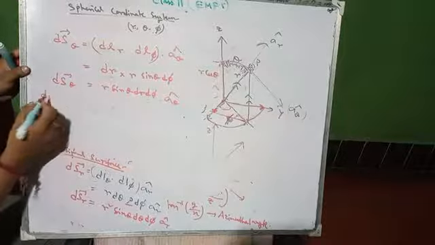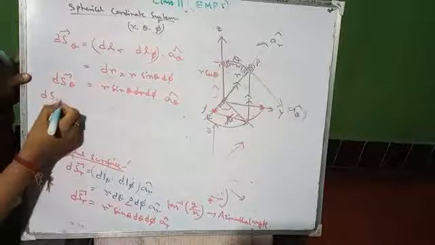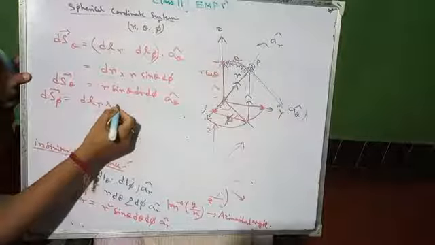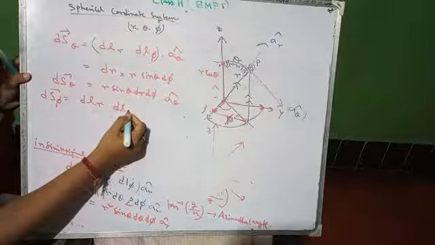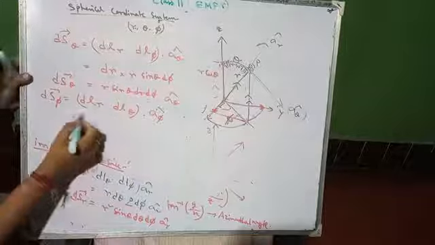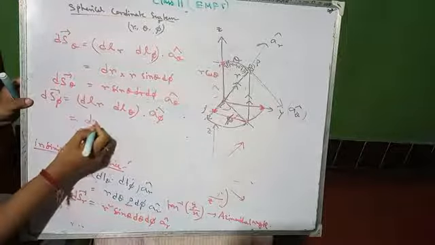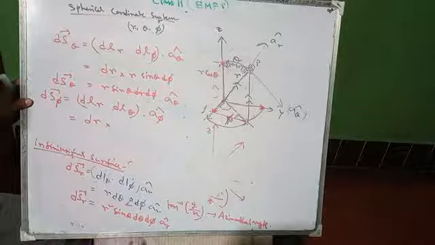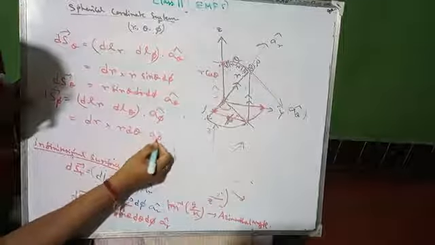a theta cap. This is your dS theta vector. And now finally the last one, dS phi. So dS phi means what? dl_r into dl theta, normal scalar multiplication, along a phi cap. So what is dl_r? dl_r is nothing but your dr. And what is dl theta? dl theta means r d theta a phi cap.